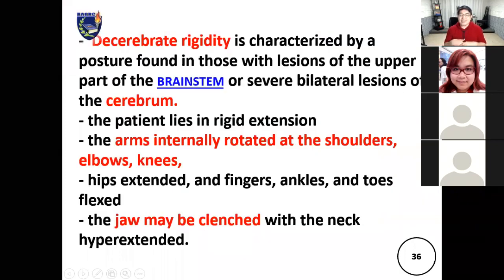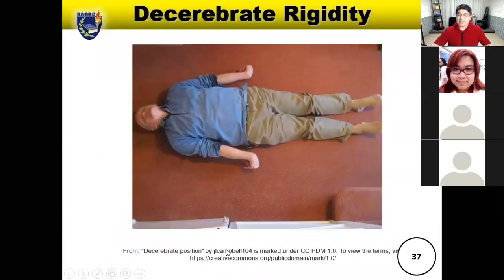Now, decerebrate rigidity is characterized by posture found in those with lesions of the upper part of the brainstem and the cerebrum. The patient lies in rigid extension, the arms internally rotated at the shoulders, elbows and knees, hips extended, fingers, ankles, and toes flexed. The jaw may be clenched with the neck hyperextended. It looks like this. Look, jaw will be clenched, the neck hyperextended, and the legs are also extended.